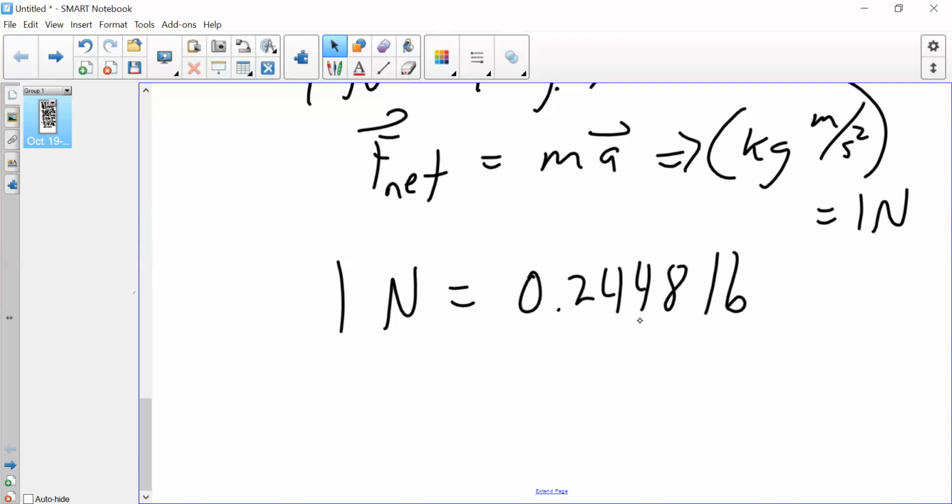So yes and no. The scale measures the effect of gravity on the mass.